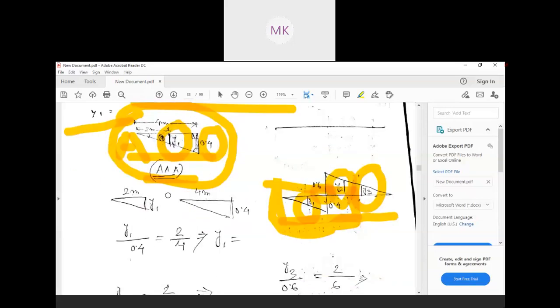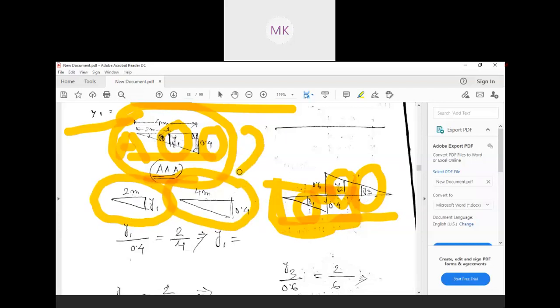You do not need to draw all these things, but for your understanding I have shown you all the steps of how to calculate this y1. If we break this, you will get two triangles like this.